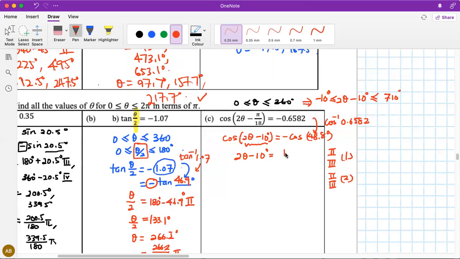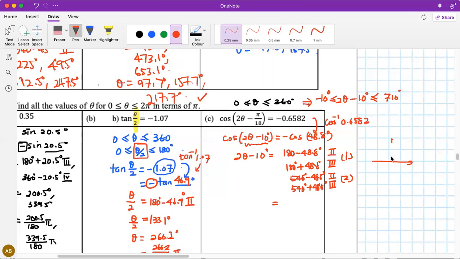So it will be 180 minus 48.8 degrees, this one will be 180 plus 48.8 degrees, and this one will be 540 minus 48.8 degrees, or 540 plus 48.8 degrees. Why do I know it's 540?